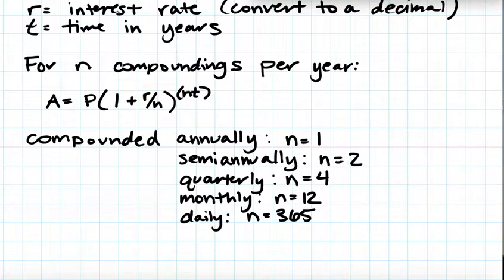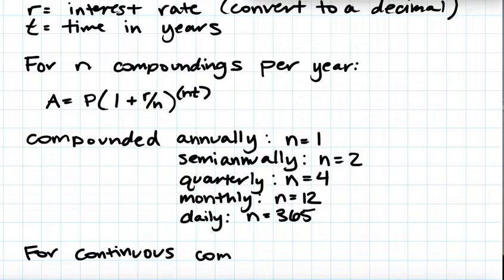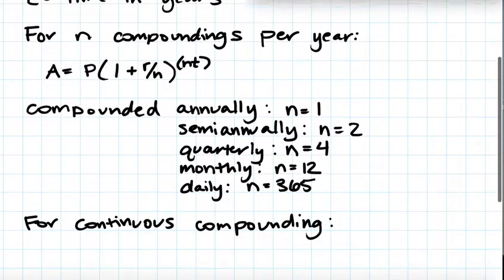If the problem says that something is compounded with a different time period. The other possibility is that we have what's called continuous compounding, which basically means that your interest is constantly being added back into the principal as soon as it's earned. So more often than daily, like more than once per second even, just constantly being converted to principal.